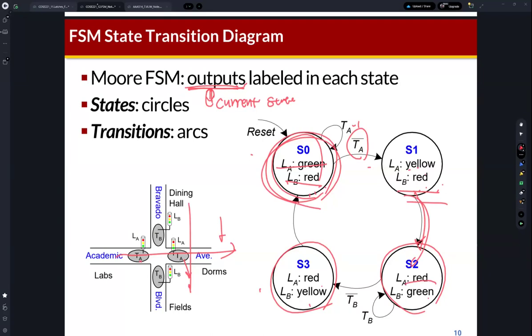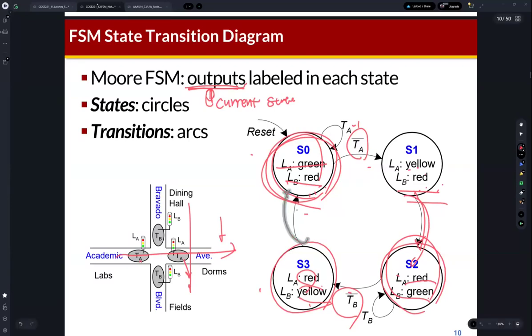Okay, and then this state transition is determined by the TB, right? And if the TB is 0, which means that traffic is not detected, then it goes to yellow, and then still red, and then it goes to S0.